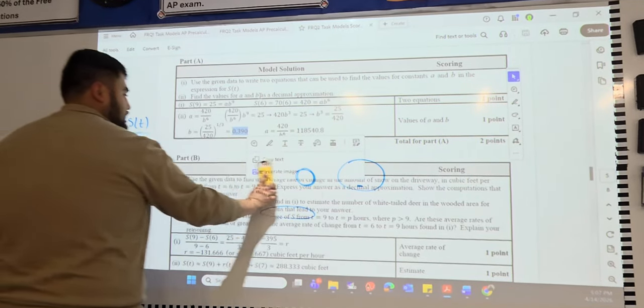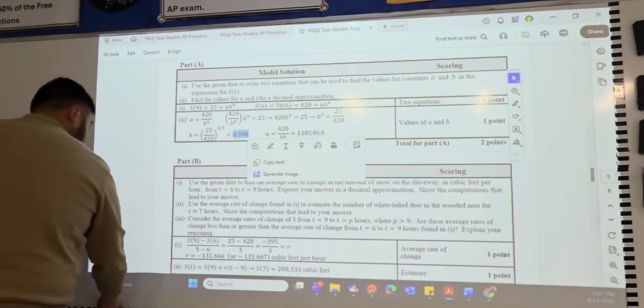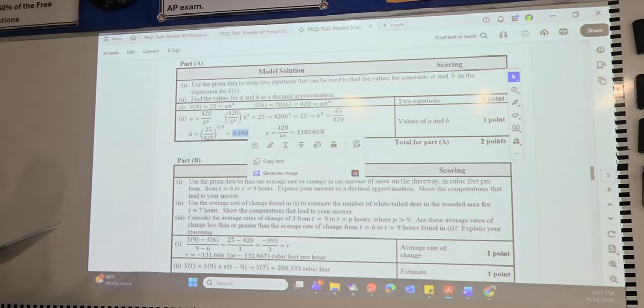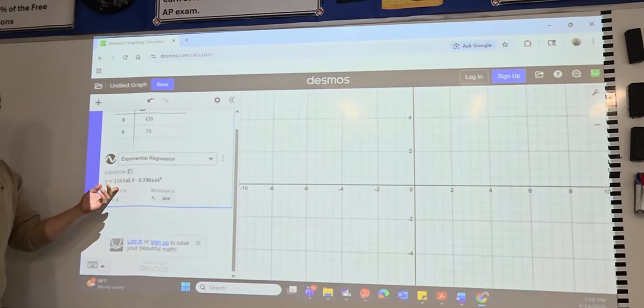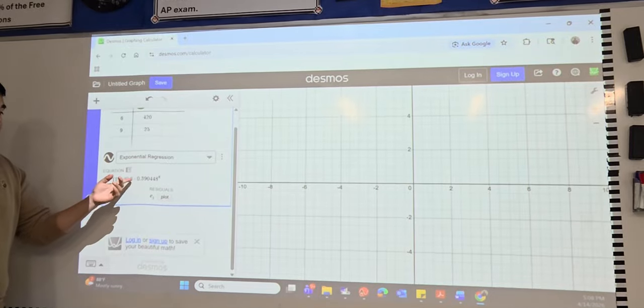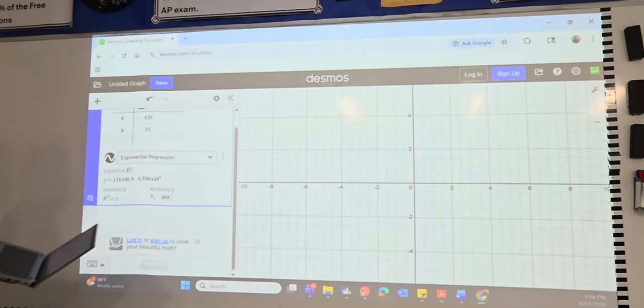Let me get rid of all these markings. Now, if we go back to decimals, you're gonna notice that it is literally right here. This is A, and this is B. So you get another point, right?